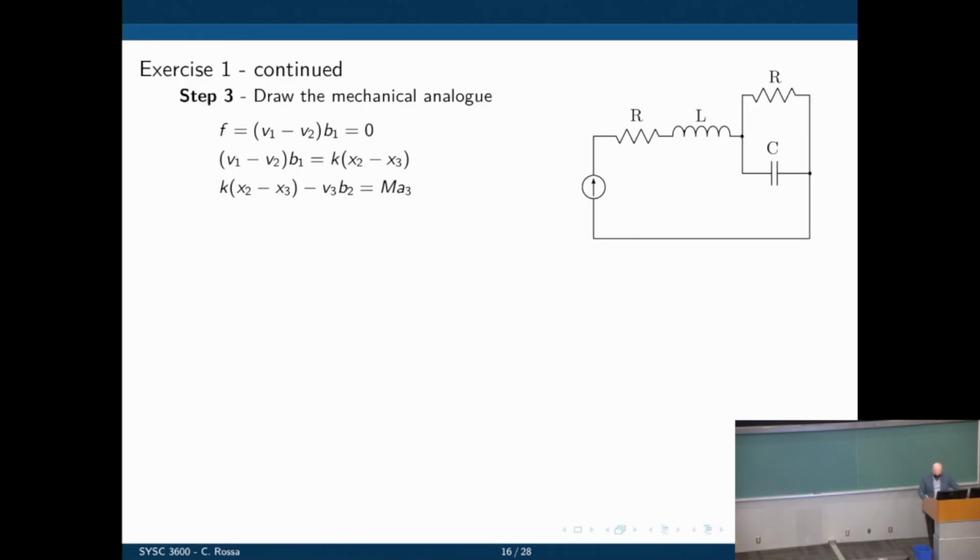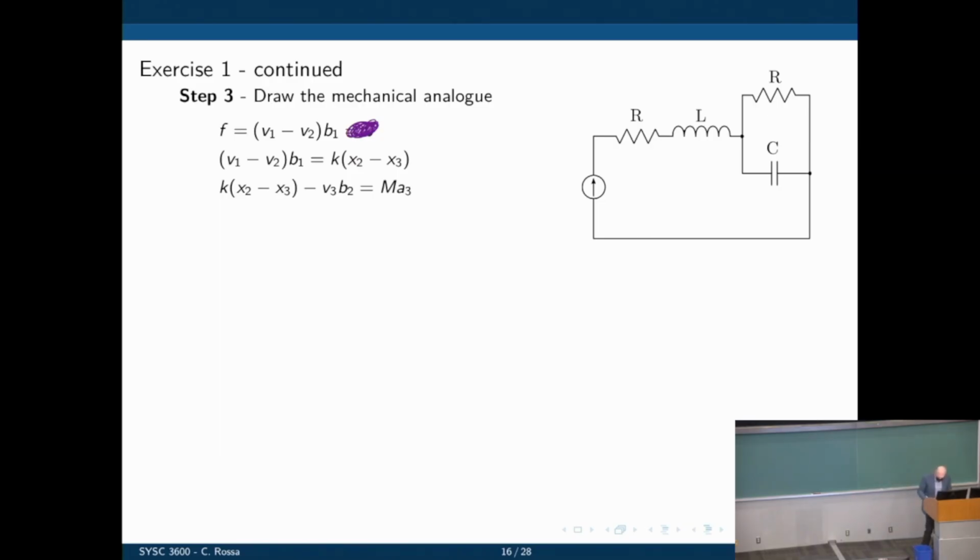So here we have the equations we just derived. This is another typo here. This is not equal to 0. I changed this last night and it was too late. These are the equations we just calculated. Now I just changed one little thing here. I took that V3B and moved it to the left side of the equation, just to leave the mass times its acceleration alone on the other side.